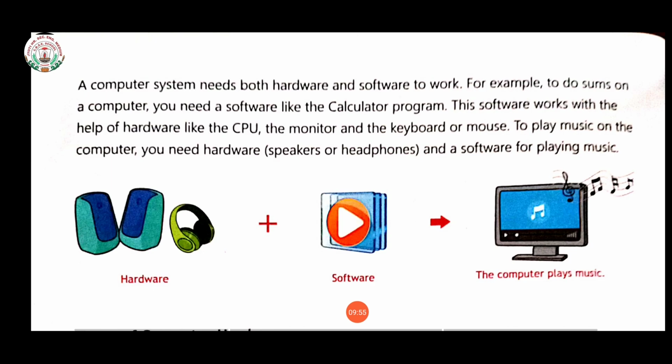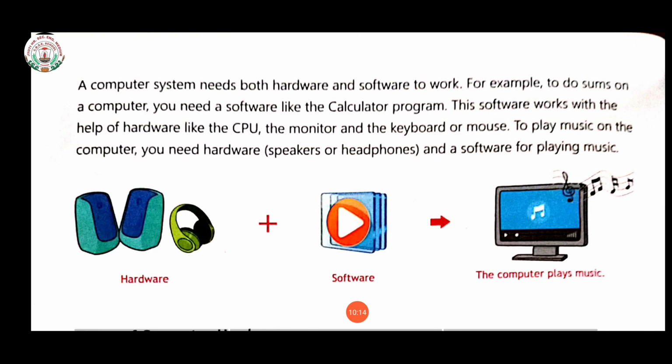For example, to do sums, you need a calculator program, but with the help of CPU, mouse or keyboard, and monitor, you can give the instruction to the software. Then only they do the sums.